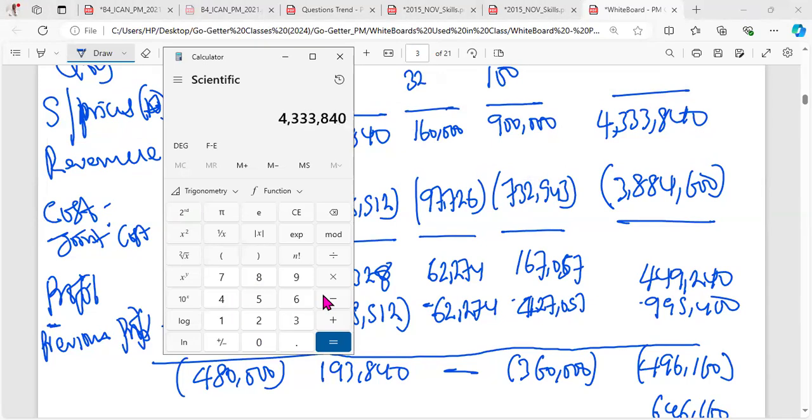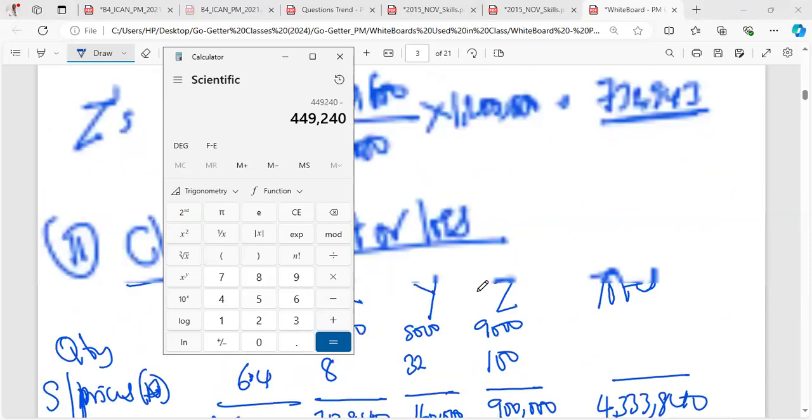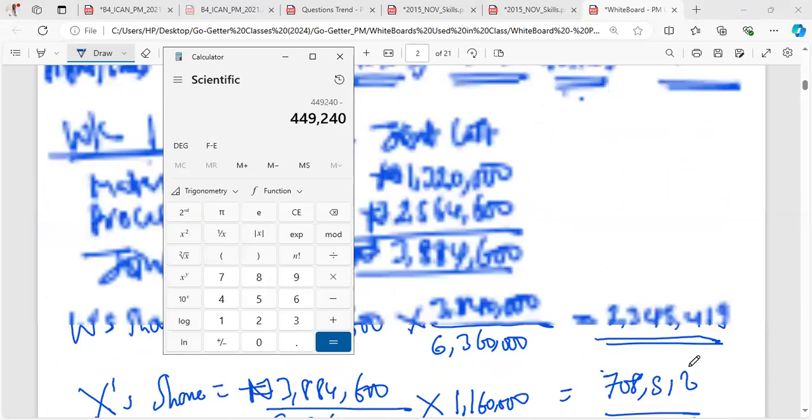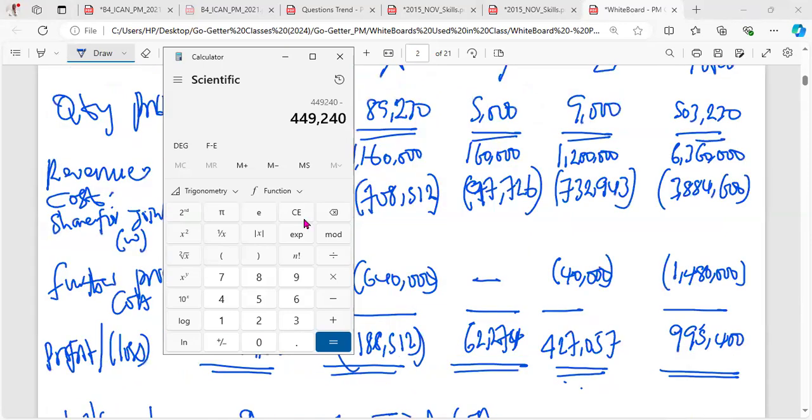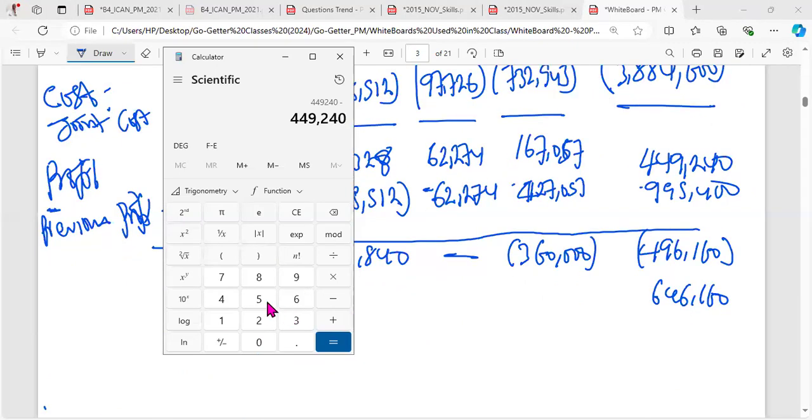4,333,840 minus 3,884,600. That gives me this profit here: 449,240. Minus 995,400.